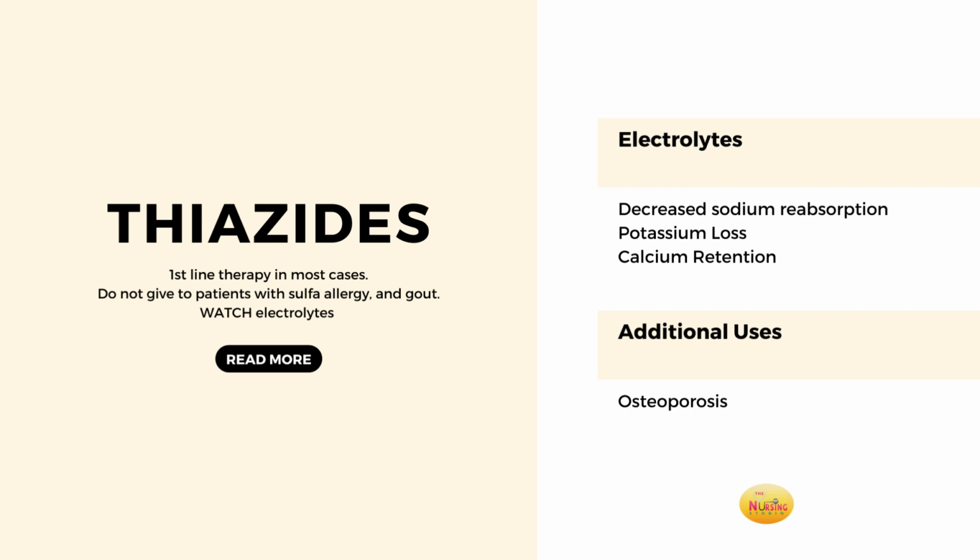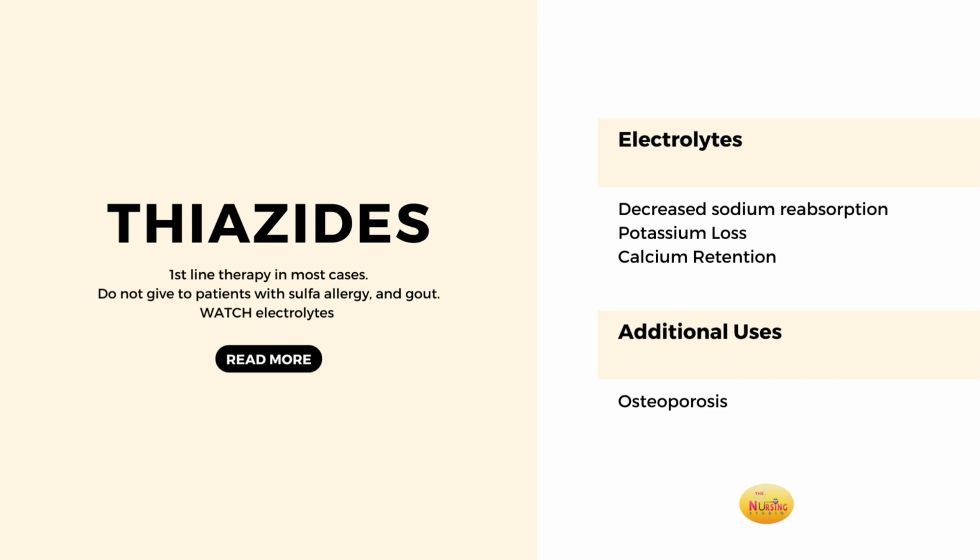Also, I like to tell you guys to pay attention to the electrolytes, because yes, we do have decreased sodium reabsorption, and yes, there is some potassium loss. So watch these levels, because if somebody has hypokalemia, you're going to be very cautious with giving these sorts of medicines, right? Also, thiazides can also cause calcium retention. It does cause you to retain calcium in the body.